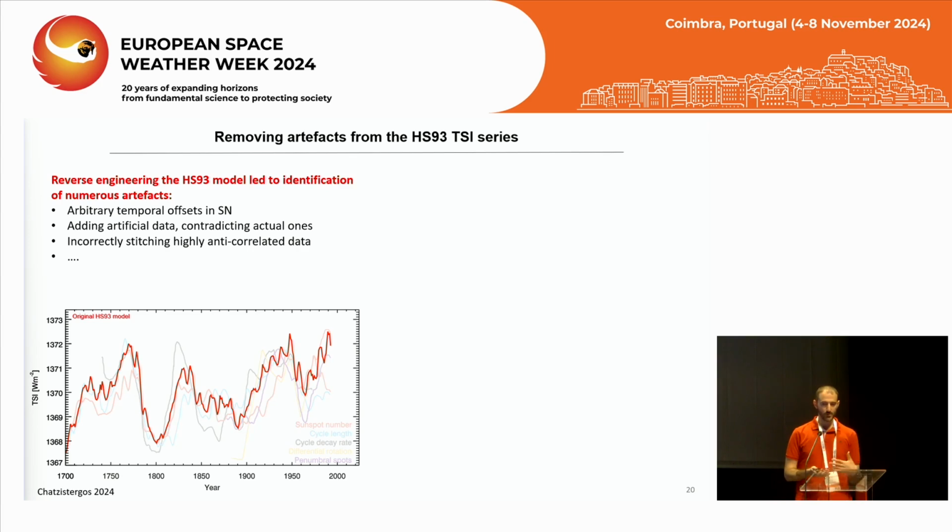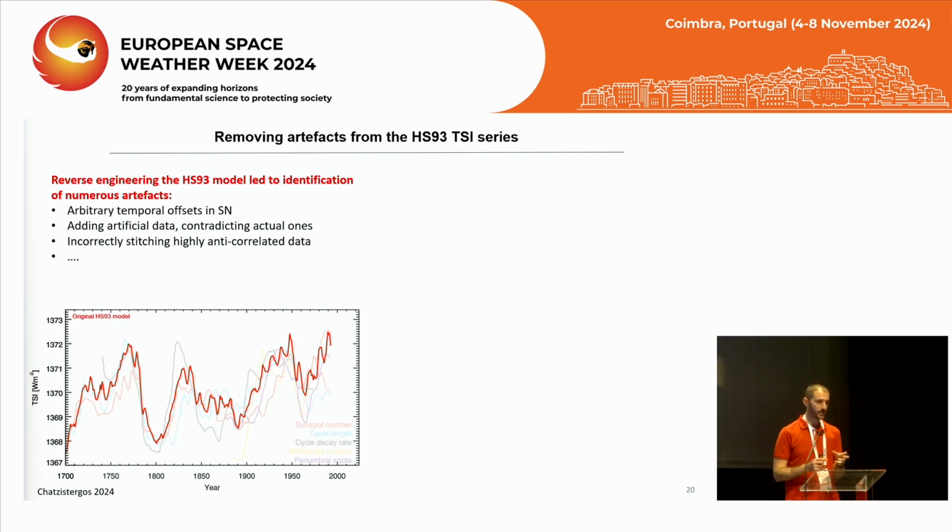So we took the effort to try to understand this, basically reverse engineering this method from the small bits and pieces that they gave in the paper and the different figures they had. And that led to the realization that there were quite a few problems in the way they analyzed the data. I will be very quick to say that they arbitrarily shifted in time some of the series.